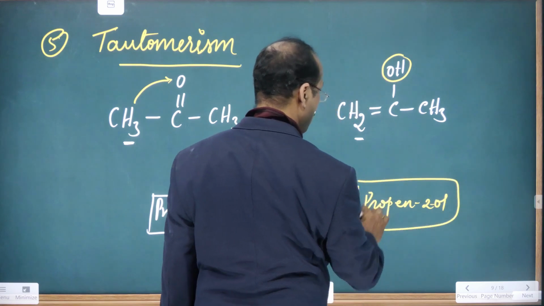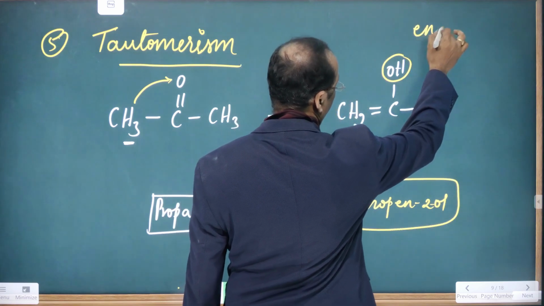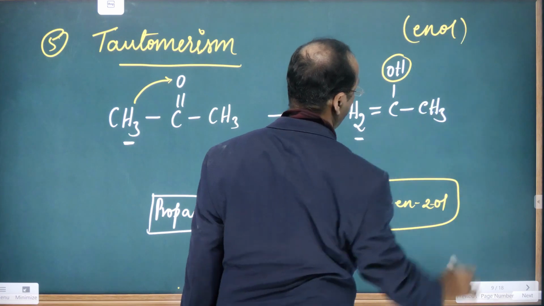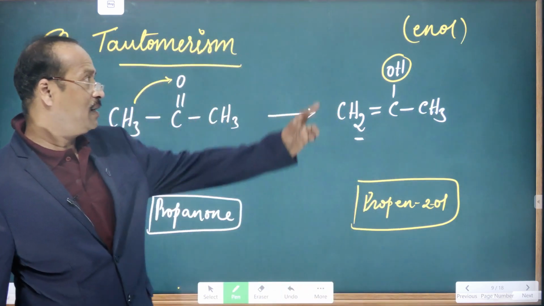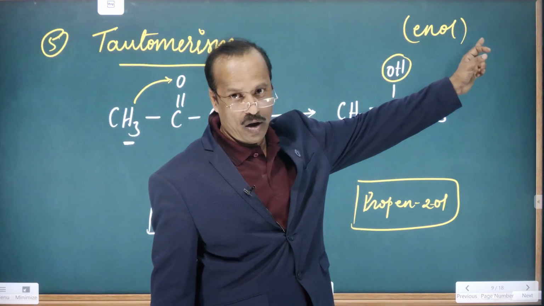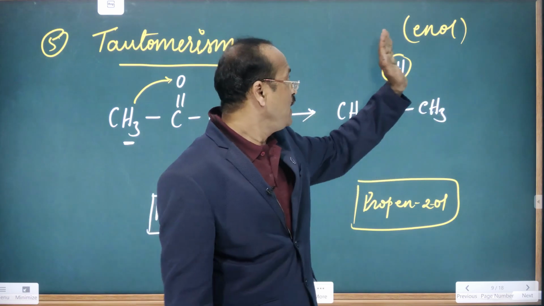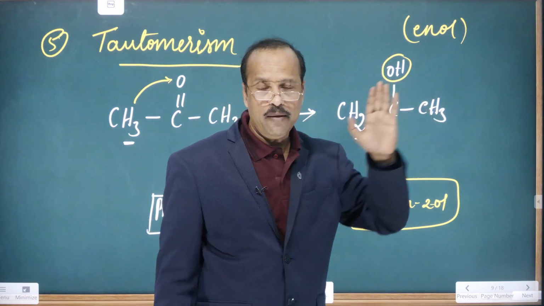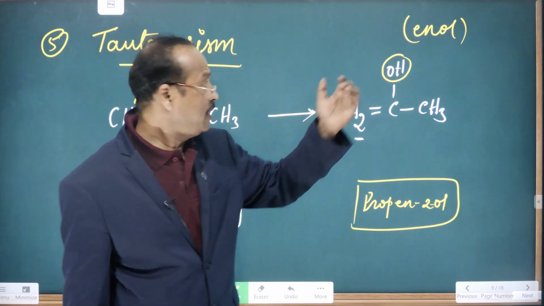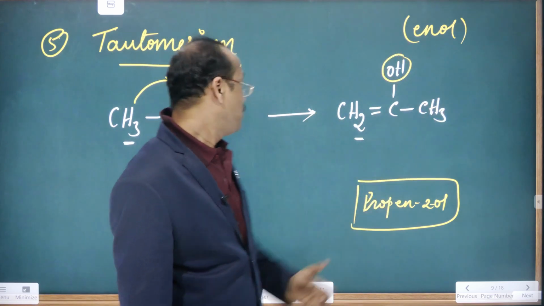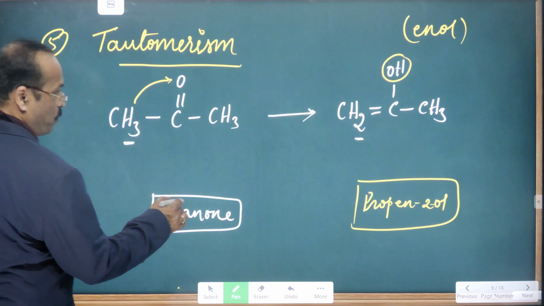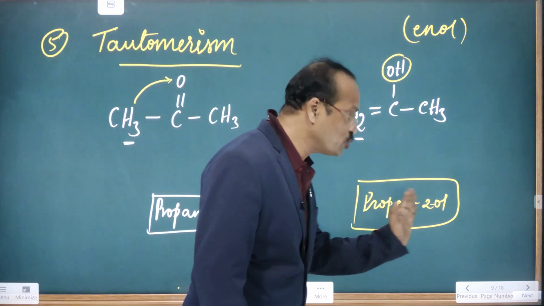So this type of compound is called enol. Why enol? En means double bond, ol means alcohol. Enol, double bond and alcohol. Clear? So what happened here? Propanone became propen-2-ol.